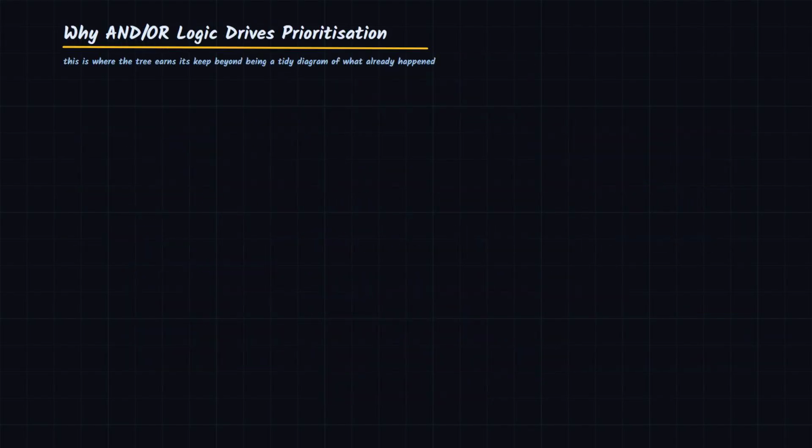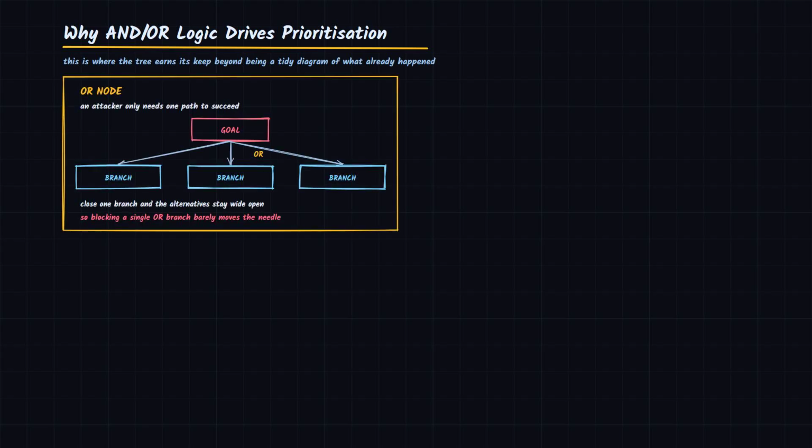This is where the tree earns its keep, beyond just being a tidy diagram of what already happened. OR nodes mean an attacker only needs one path to succeed, so closing a single OR branch barely moves the needle if several alternative OR branches to the same goal remain wide open.